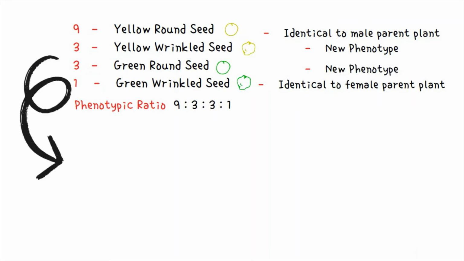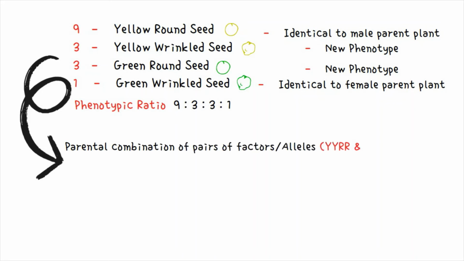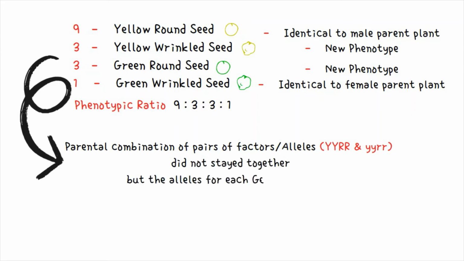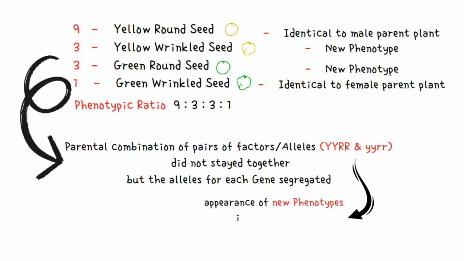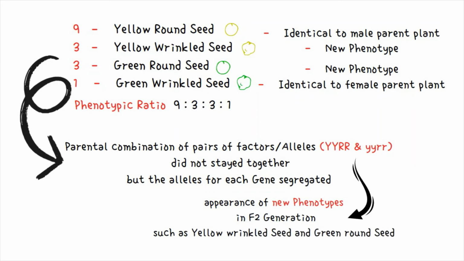Due to the appearance of new phenotypes in the F2 generation, what we learn is that the parental combination of pair of factors or alleles did not stay together, but the alleles for each gene segregated. And this segregation leads to the appearance of new phenotypes in the F2 generation, such as yellow wrinkled seed and green round seed.